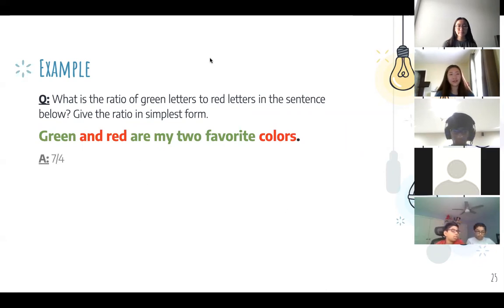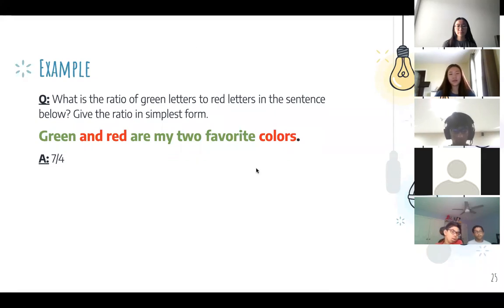Okay, I saw a couple of 5 to 3s, which I'm guessing you thought was words. And then some 7 to 4s, which is right. And I also saw an answer that said 4 to 7, but that's something you could easily mess up on.